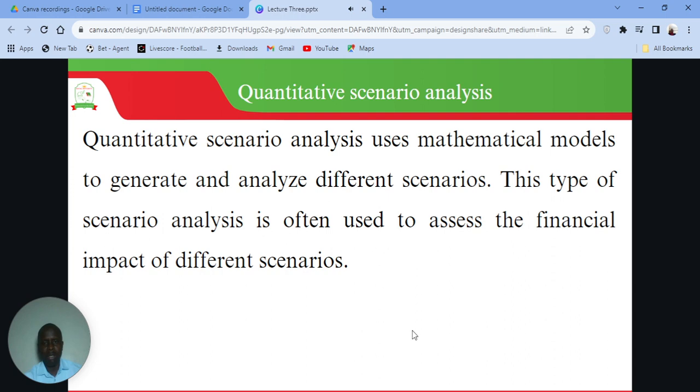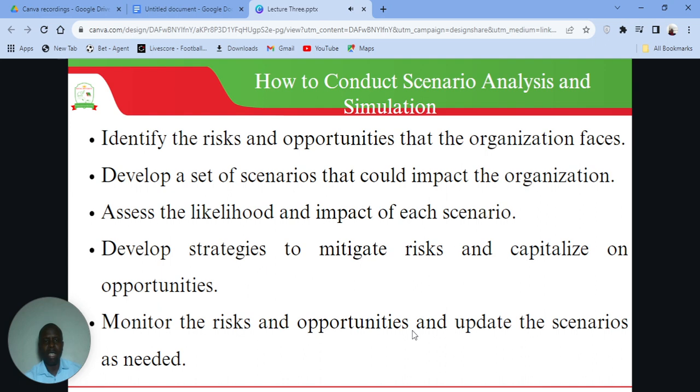And then we can finally find out how we conduct scenario analysis and simulation within the organization. Number one is to identify the risks and opportunities that the organization faces. Remember, we were just coming from a discussion of the methods that we use to identify these risks.